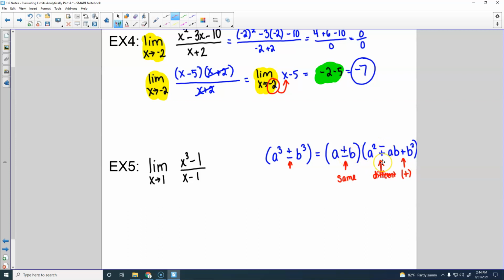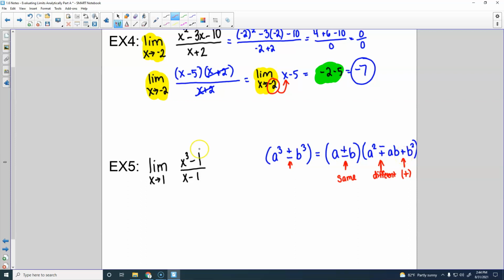It's minus or plus, so it's flipped upside down, meaning that where you had a plus or minus here, if you had a plus, it's changing to a minus here. So if you had a plus here, it's going to be plus in the first parentheses, a minus right here, and then this one's always positive. If you have a minus, it's going to be a minus here, plus here, and plus here.